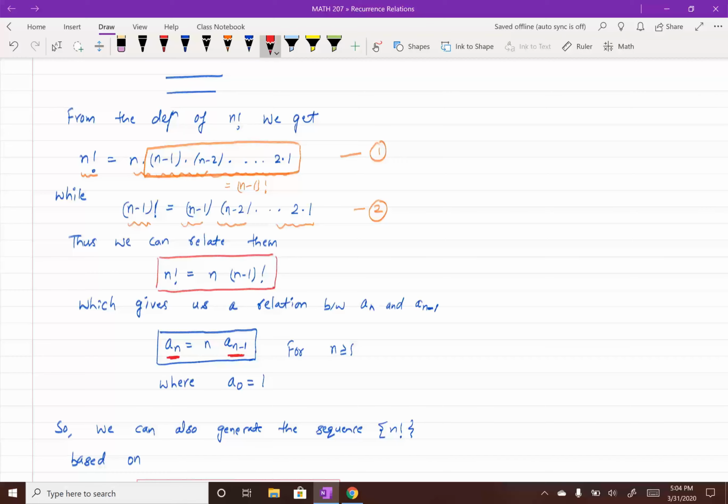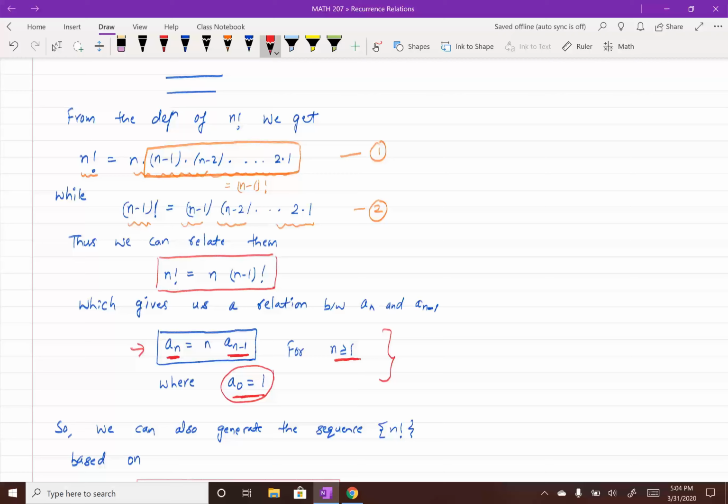My n minus 1 term of this sequence is represented by n minus 1 factorial here, and they are connected through this rule that A of n can be written as n times A of n minus 1 for every value of n greater than or equal to 1, and I just have to pass this initial condition, or the initial term value. In that case, if I choose my A of 0 is equal to 1, that's going to solve my purpose, and I can use this initial condition and this rule to represent the same sequence which I was generating through that explicit formula.